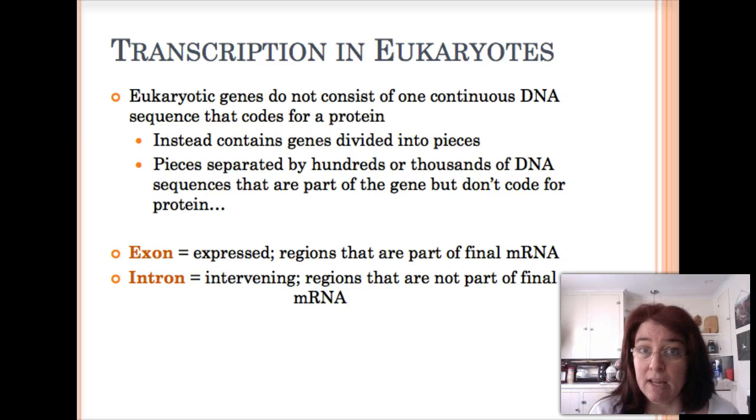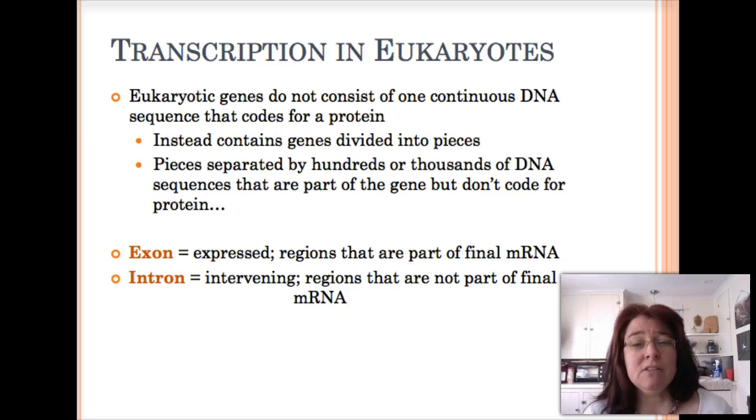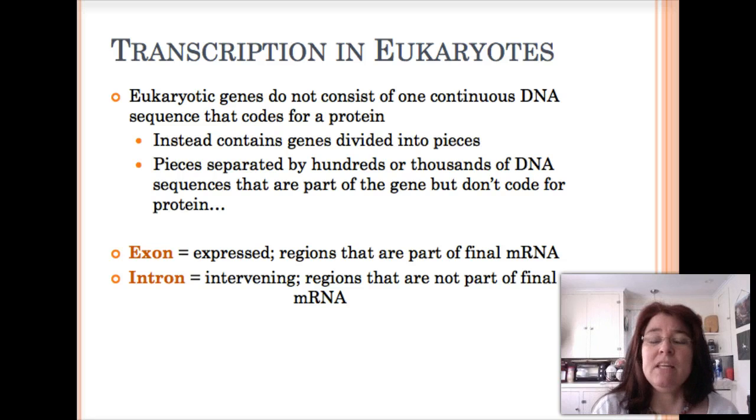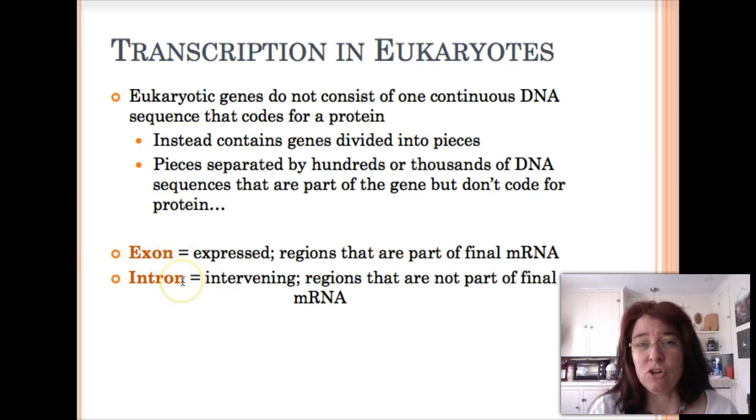So the RNA that is made from those genes also can be thought of as being in pieces. Pieces that are coding pieces that are necessary to make a protein, and pieces that need to be removed. And these pieces are referred to as exons and introns.